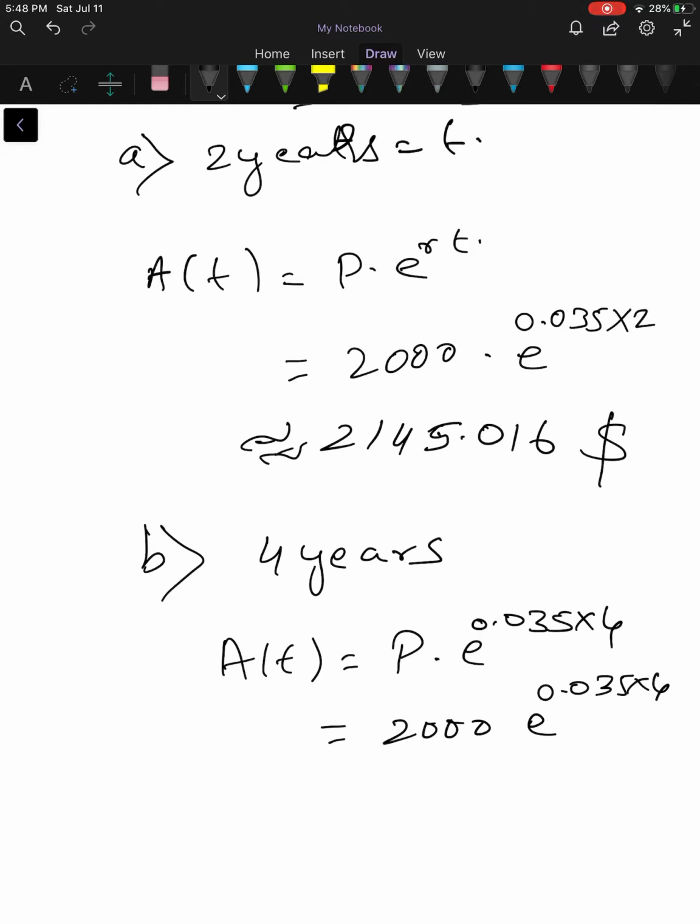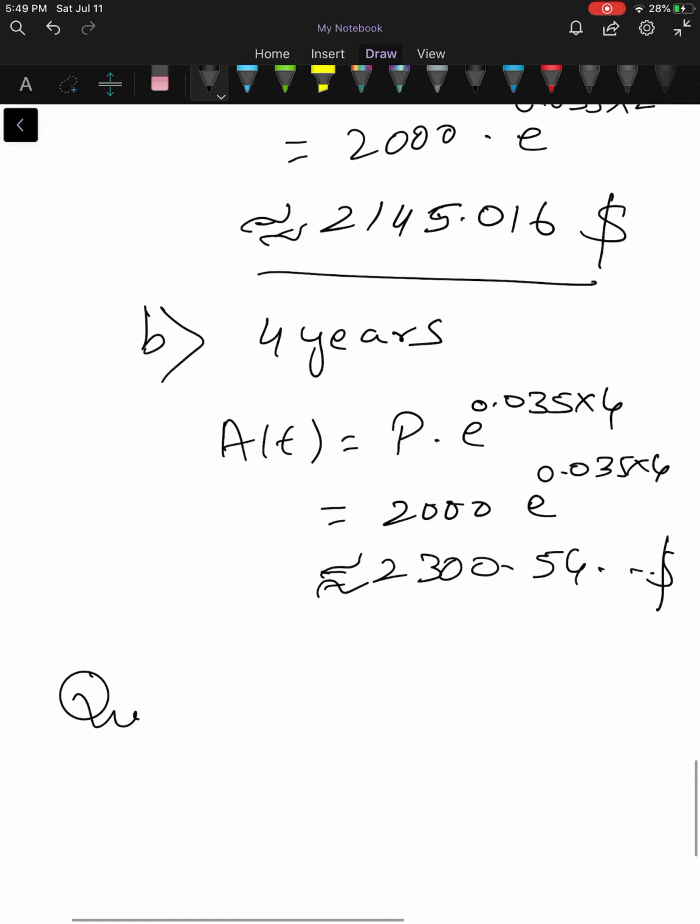Using the calculator, e to the power of 0.035 times 4 would give me 1.150 and something, times 2000 will give me 2300.54 and so on dollars. Make sure you write the units, whether it is an amount or time or whatever, next to your answers.